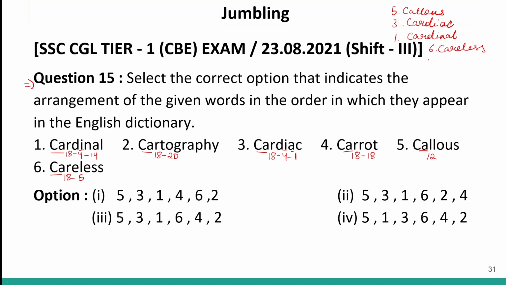Then we'll have carrot. And then we'll have cartography. So the correct sequence will be 531642, and 531642 is given in option number 3. So option number 3 will be our correct answer.